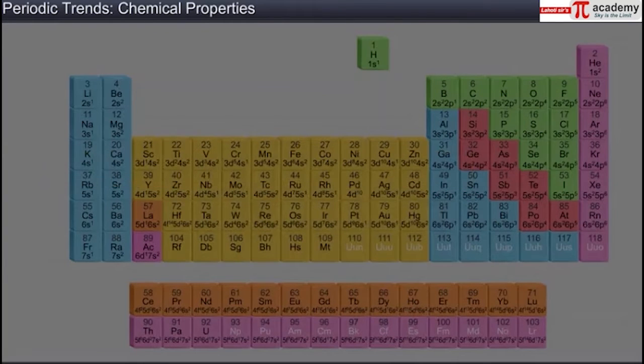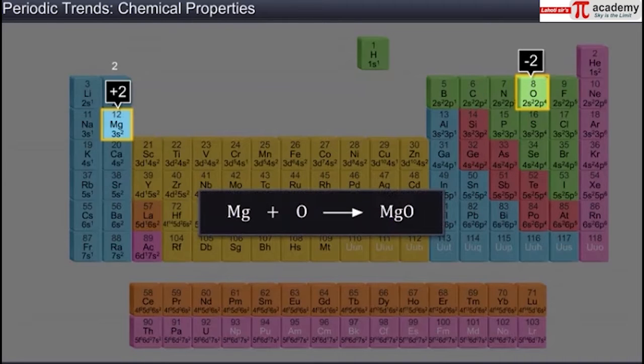For example, magnesium belongs to group 2 and therefore shows an oxidation state of +2, whereas oxygen belonging to group 16 has an oxidation state of -2. Therefore, one atom each of these two elements is required to form a compound. Hence, the formula of magnesium oxide will be MgO.